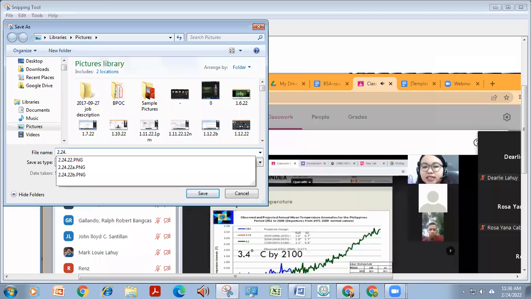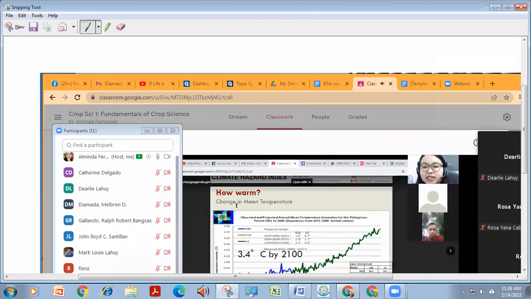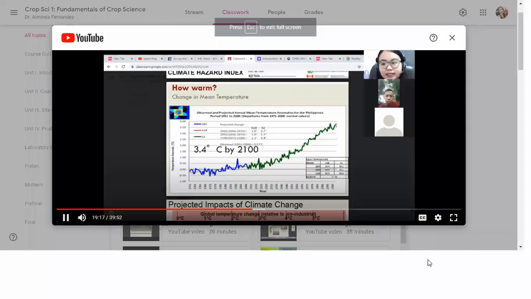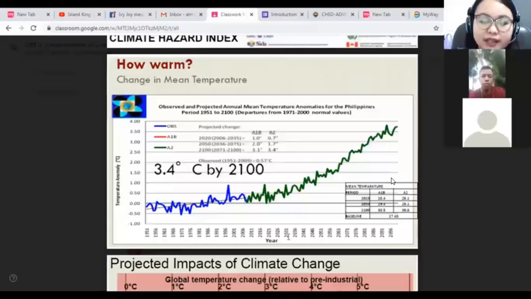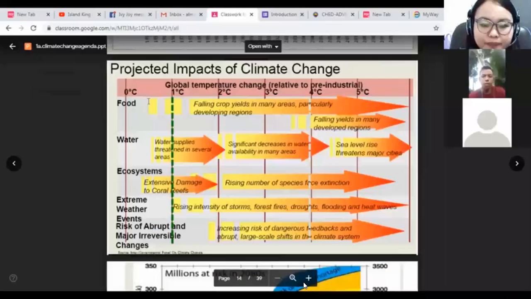By 3.4 degrees Celsius in the 2100s, it is expected to increase as much as that. So if we are at 40 degrees Celsius now, plus 3.4 is the expected increase in temperature. So what are the projected impacts?